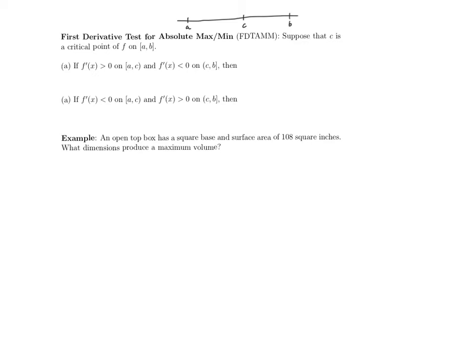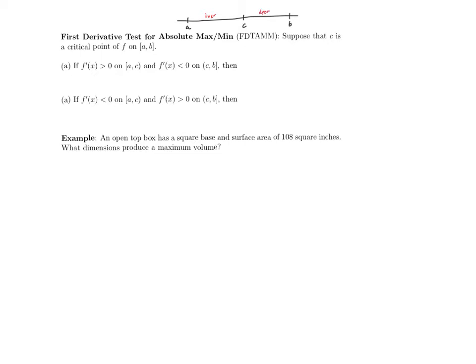And what the first derivative test for absolute maximums and minimums tells us, and I will always abbreviate it as FDTAMM, that's just much simpler for us to write, is that if f prime is greater than 0 on a to c, so remember what that tells us. Greater than 0 would mean that we have a function which is increasing from a to c, and then f prime is negative afterwards, so decreasing.